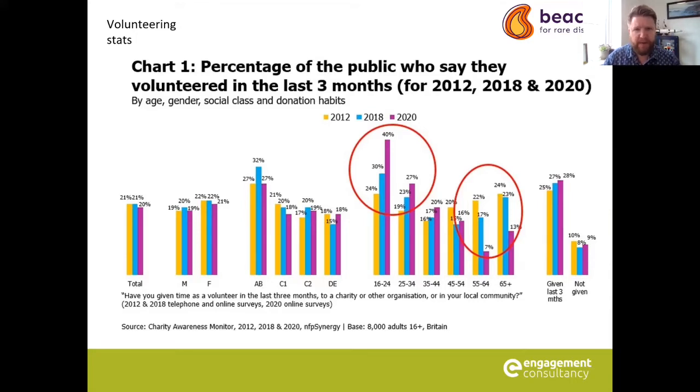And I'm sure lots of people on the call today would have recognised those types of mutual aid groups. So helping out in the local community, going out to get prescriptions, helping to buy food for people, but wouldn't necessarily think or consider that as volunteering. That's just, I'm helping out because I want to do something good.